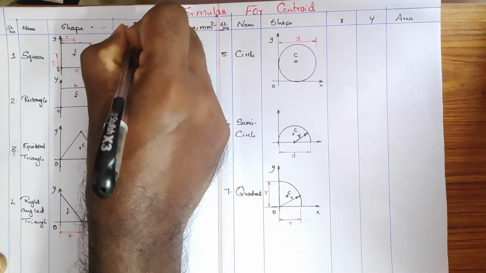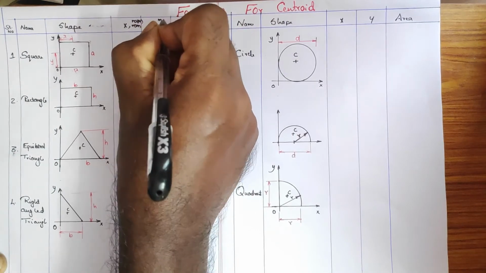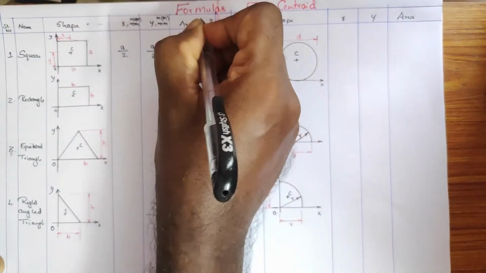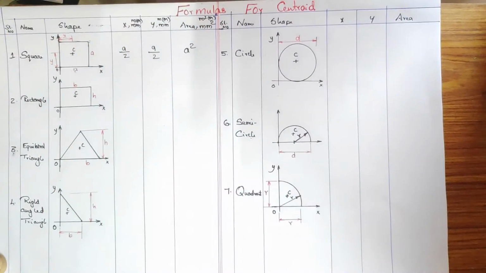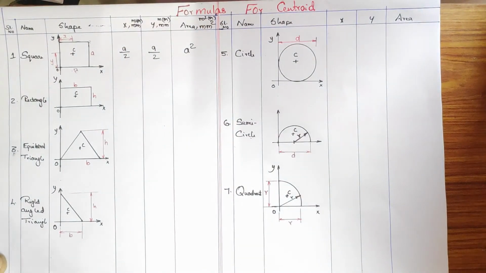Here, meter square or millimeter square, so both units we can note based upon the measurement.